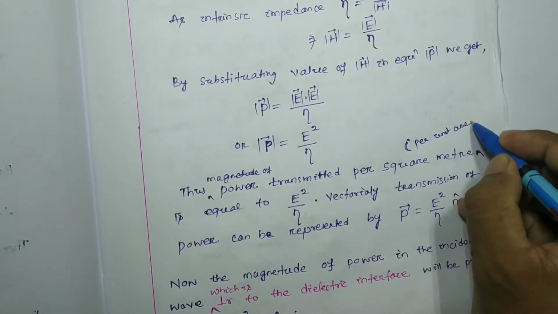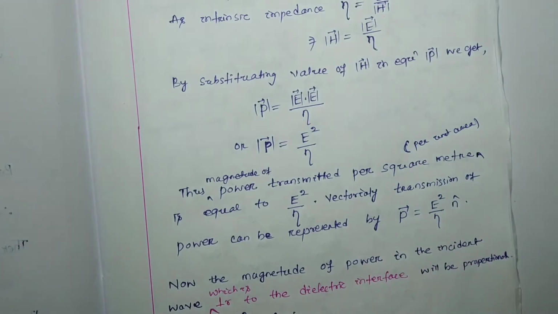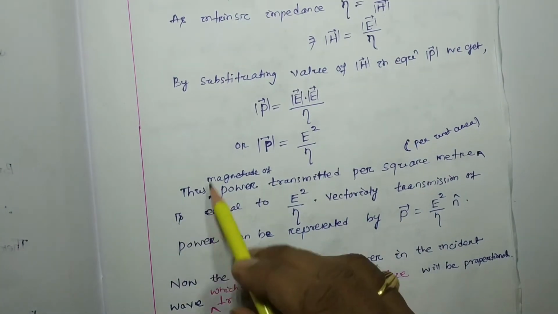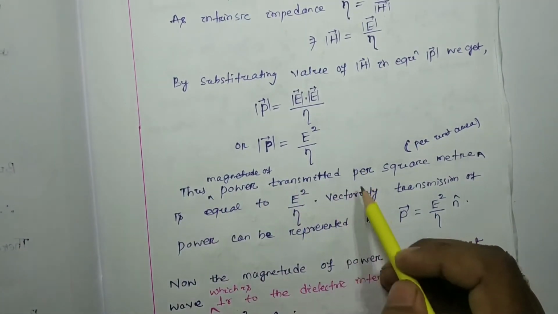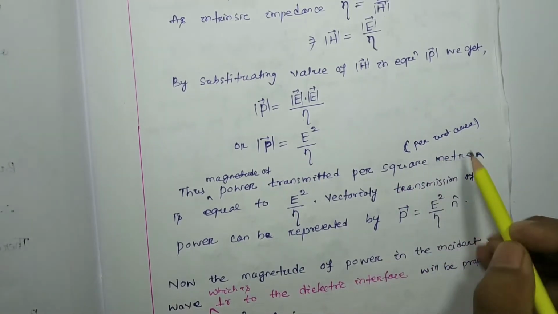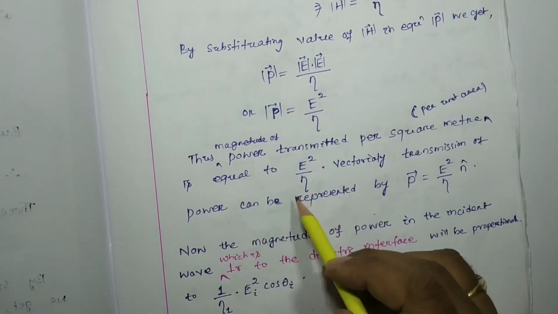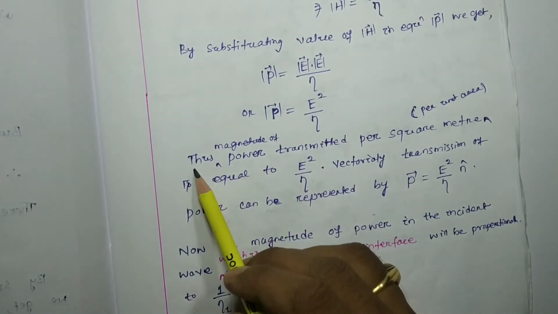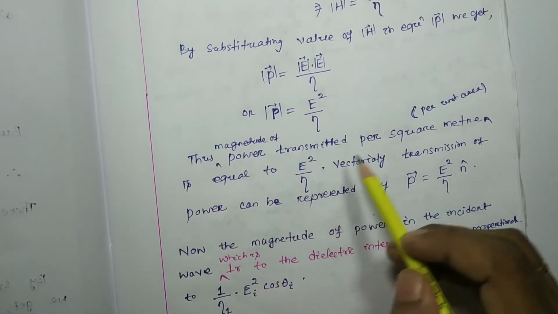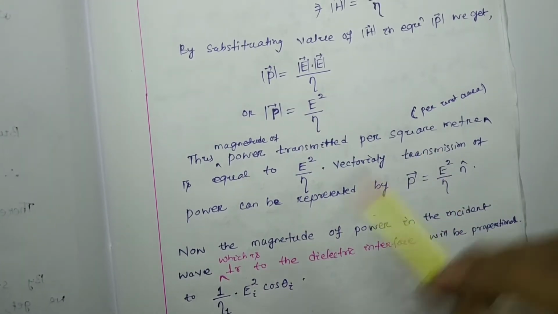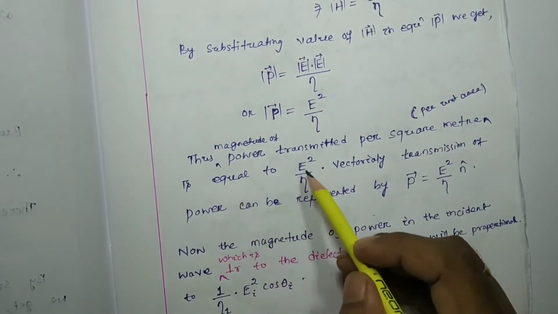Per square meter means per unit area. So the magnitude of power transmitted per unit area is equal to E square by eta.